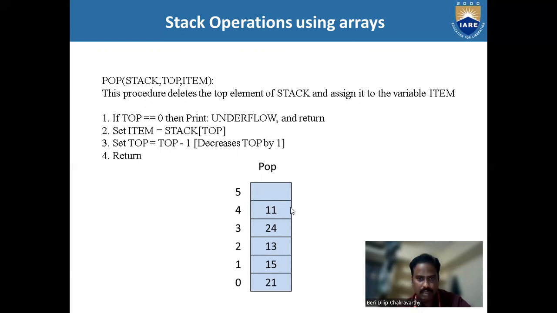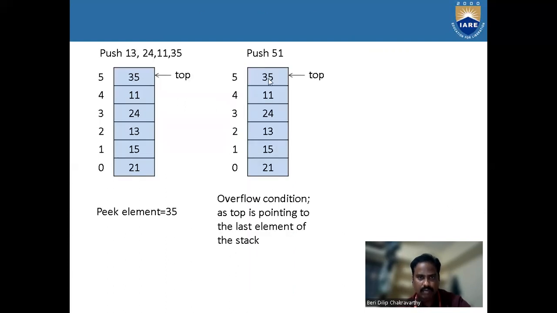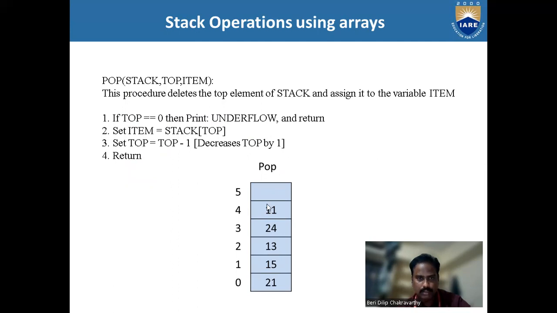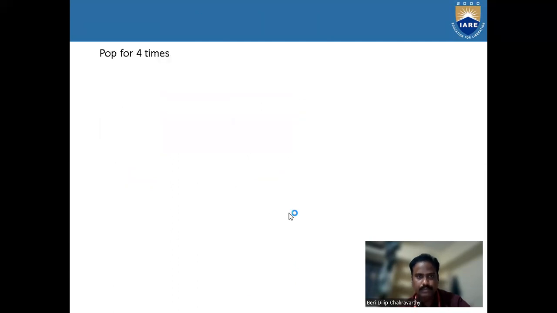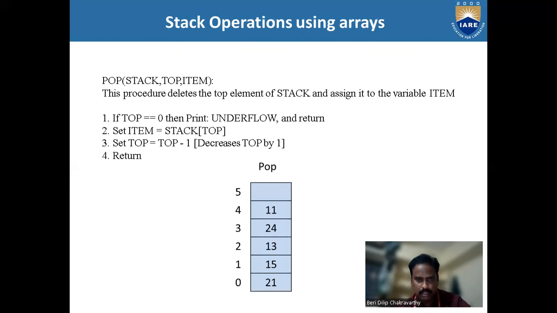After deleting 35, top comes to here at 11. That is what is showing. Then I will pop all the elements 11, 24, 13, 15. So we will pop all the elements.